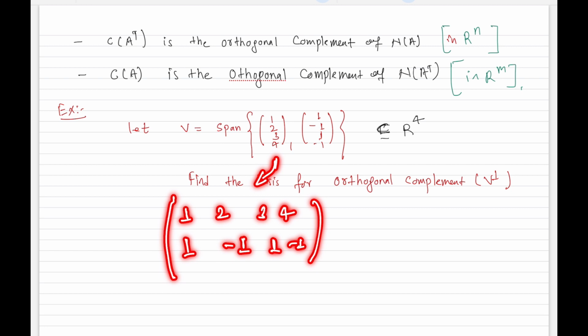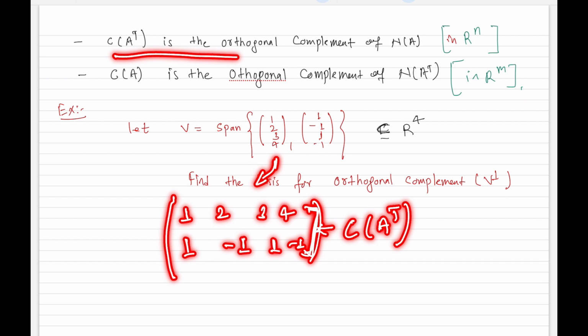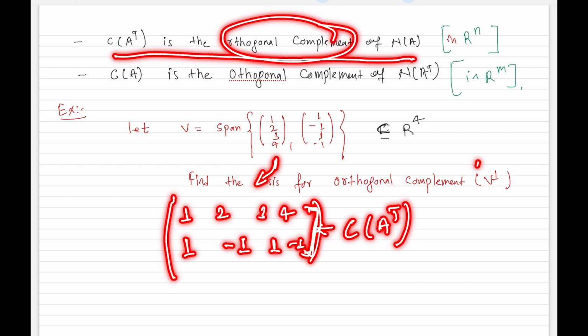right? Now the span, the linear combination of these two vectors, will give you the row space, right? And we know from the fundamental theorem of linear algebra that if we have the row space and we have to find its orthogonal complement, then we have to find the null space. Basically we have to solve Ax = 0, right?